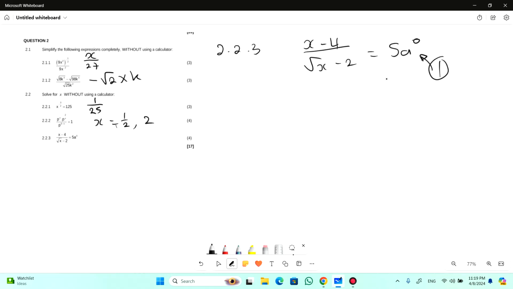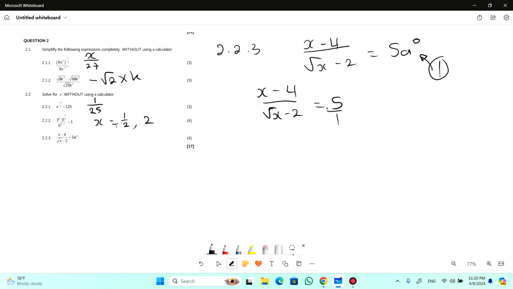A power 0 is 1, so that's 5 times 1. So you have (x minus 4) over (root x minus 2), which is equal to 5 times 1.